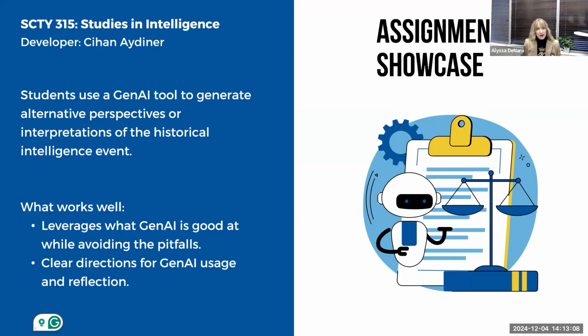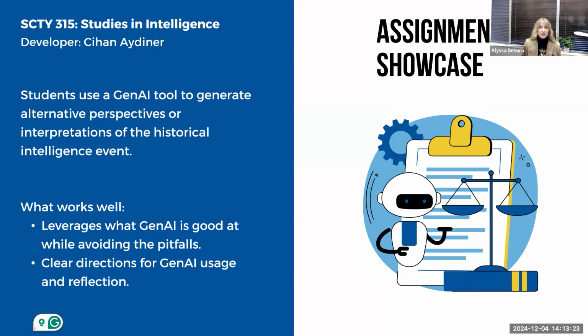And what's great about this particular assignment is that it actually leverages the things that generative AI is really good at, while also avoiding the typical pitfalls of generative AI in education.